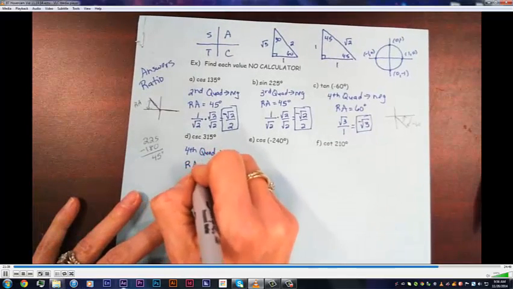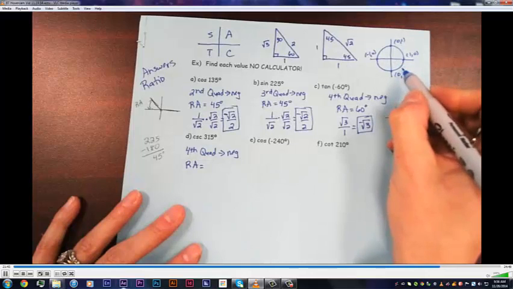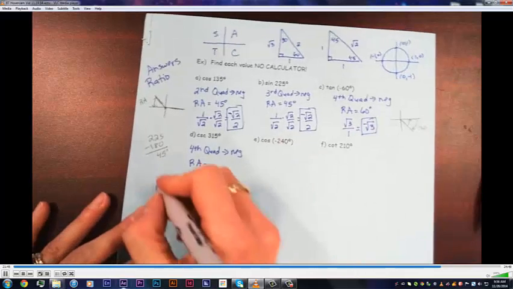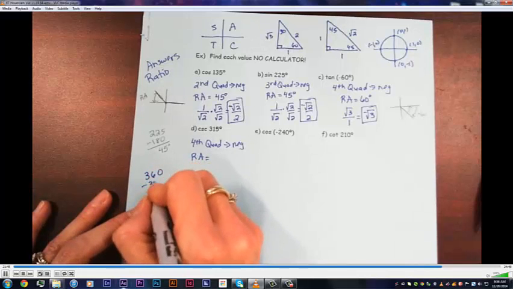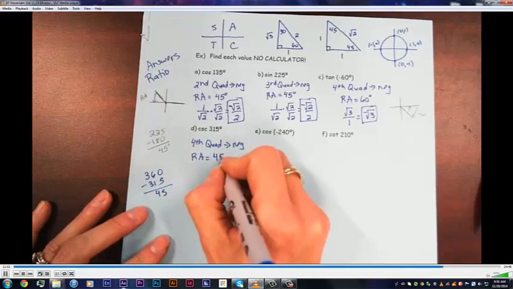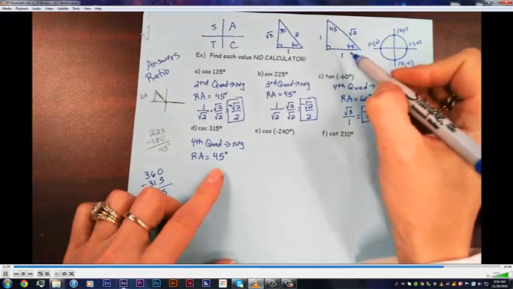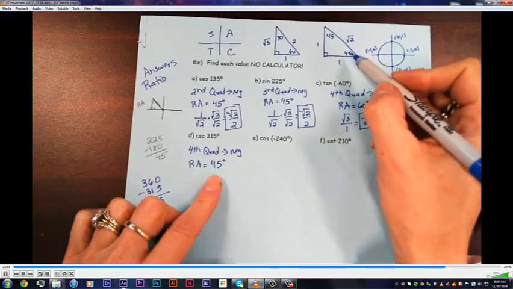Okay, reference angle. How many degrees is it between 315 and back to the x-axis? Well, if you do your scratch work over here, 360 minus 315 gives us a reference angle of 45.